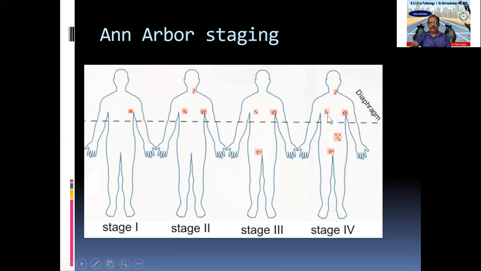Stage 4, there can be organomegaly, or there can be pelvic metastasis, bone metastasis. Sometimes you can also have an organomegaly and a lymph node enlargement, but on the same side of the diaphragm. So this is called the Ann Arbor staging, and this is used to decide the progress of the disease.